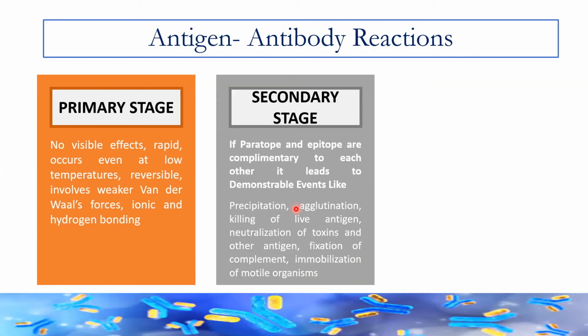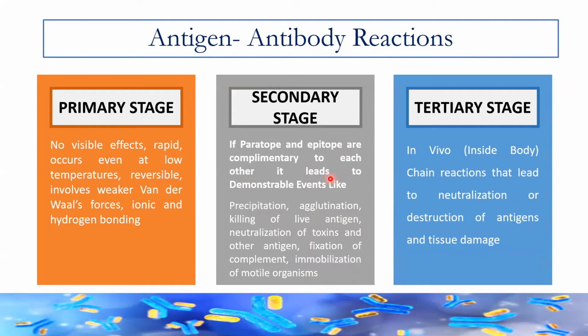So you can actually see the effect. These are the visible changes, the precipitation and agglutination, the visible effects that you can see in the secondary stage. And this happens if the paratope and epitope are complementary.